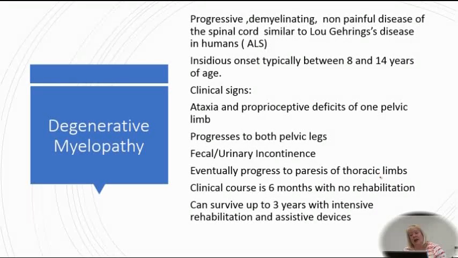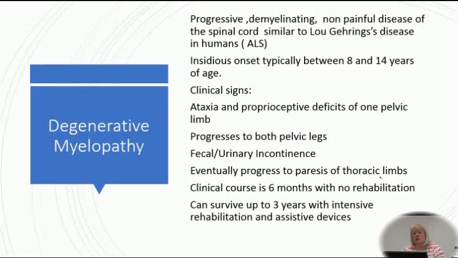Tends to be an 8 to 14-year-old onset. Our clinical signs are things like ataxia and proprioceptive deficits of one pelvic limb. It starts like that. Generally, then it progresses to both of the back legs.